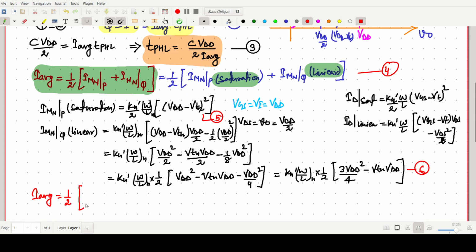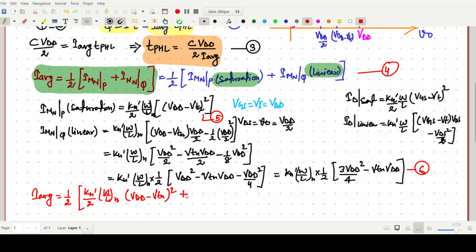So we have to write 1 by 2, now this one is Kn dash W by L of N by 2. This term I am writing (VDD minus VTN) whole square. Okay, so the first term I have written. Now we have to write the second term.